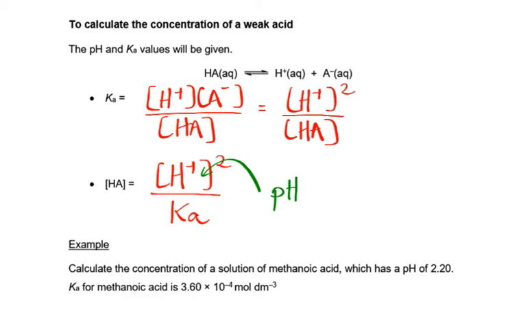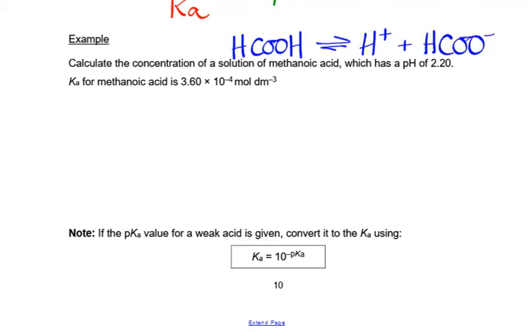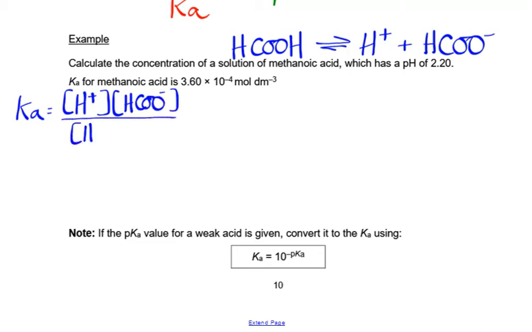In our example calculation, it's for methanoic acid. So methanoic acid is our carboxylic acid with just the one carbon, which will dissociate like so. So our Ka expression is that.